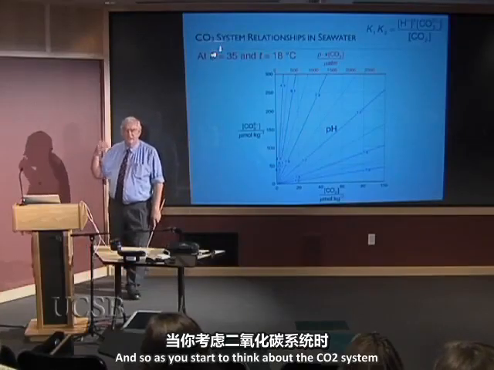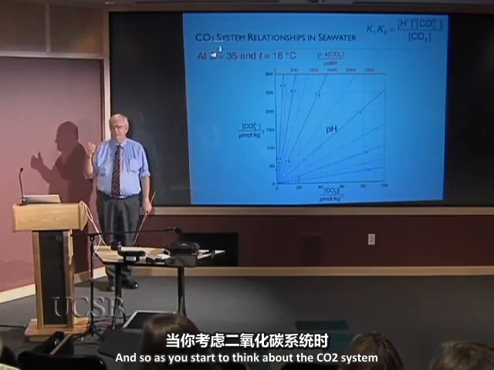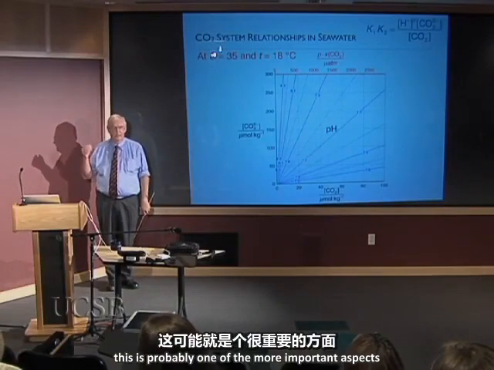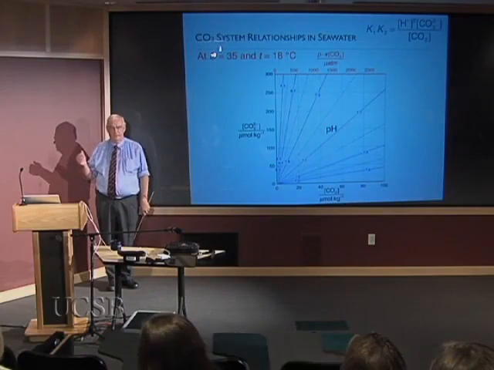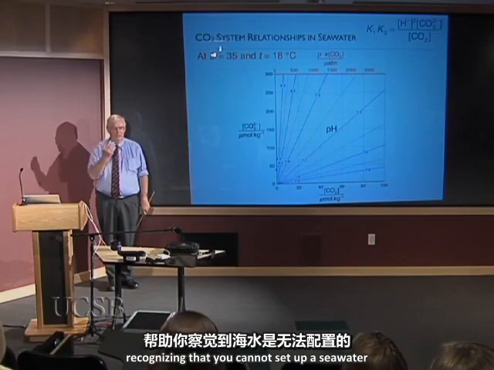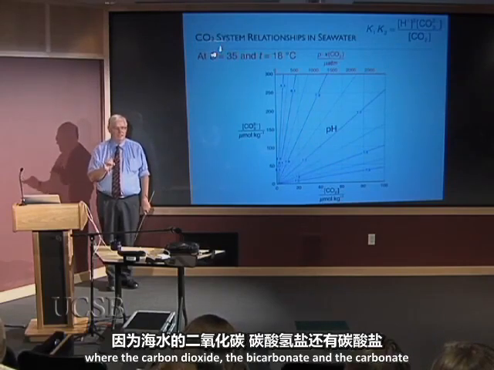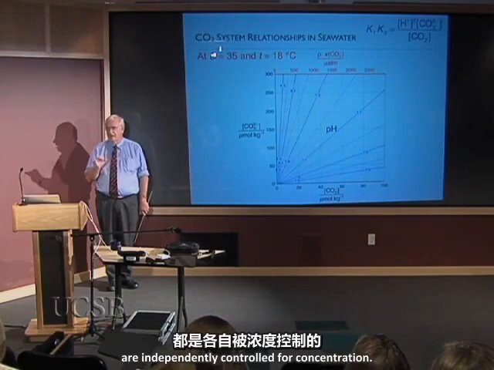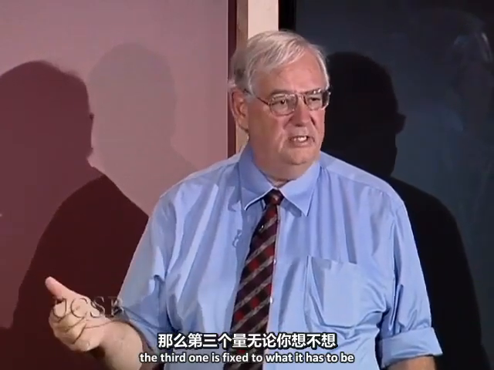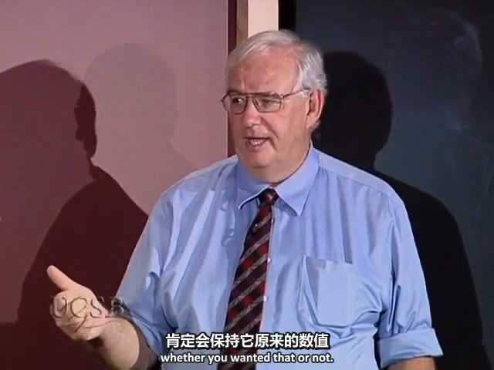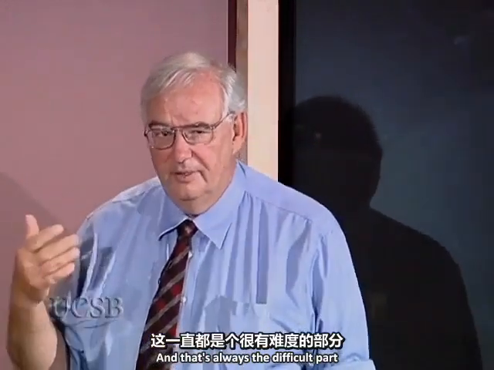And so, as you start to think about the CO2 system, this is probably one of the more important aspects, recognizing that you cannot set up a seawater where the carbon dioxide, the bicarbonate, and the carbonate are independently controlled for concentration. If you control two, the third one is fixed as to what it has to be, whether you want it that or not. And that's always the difficult part.